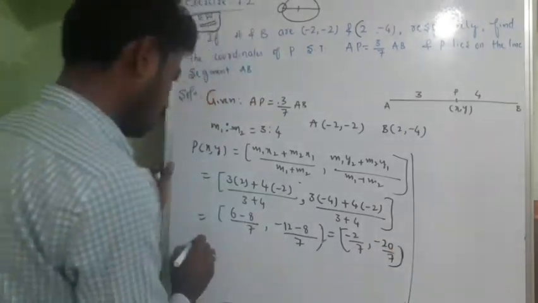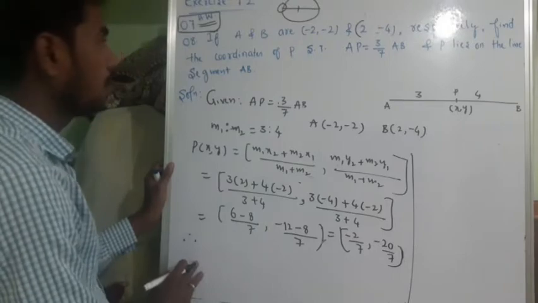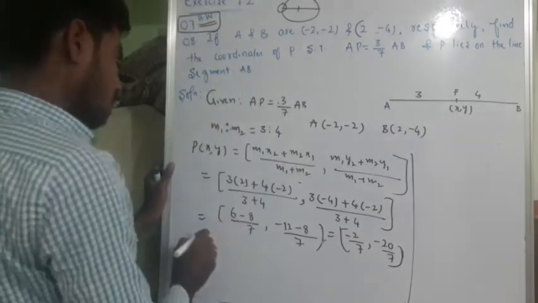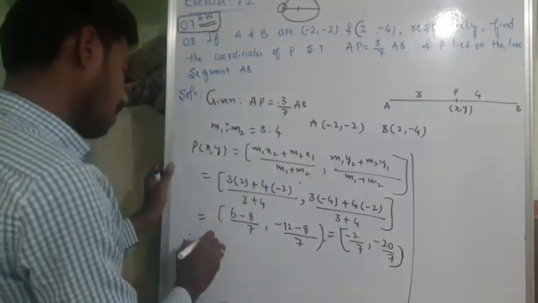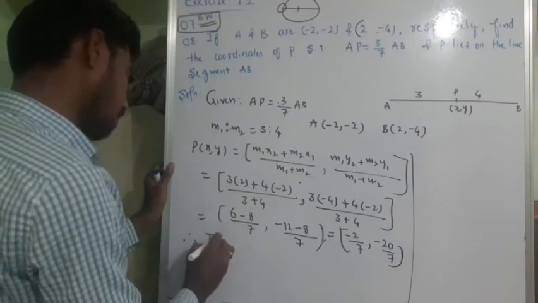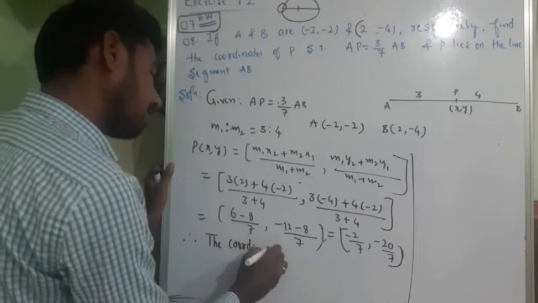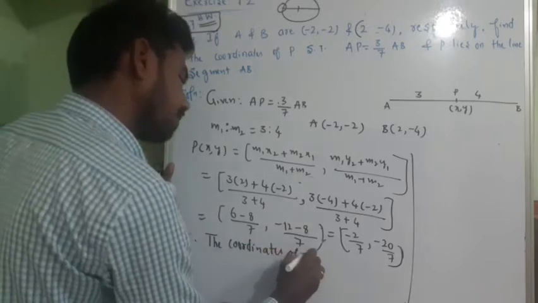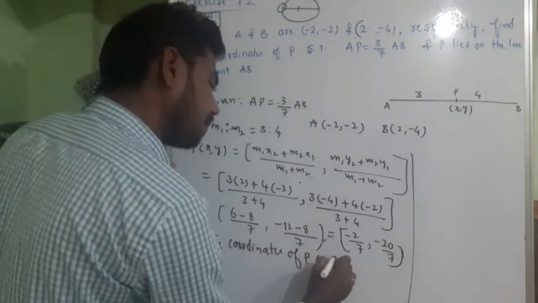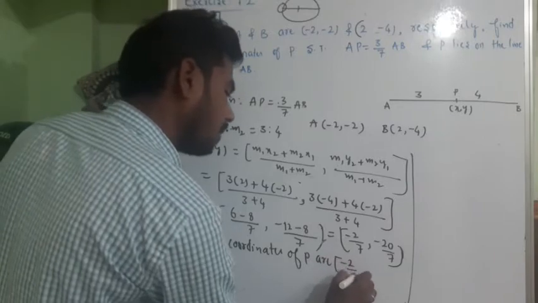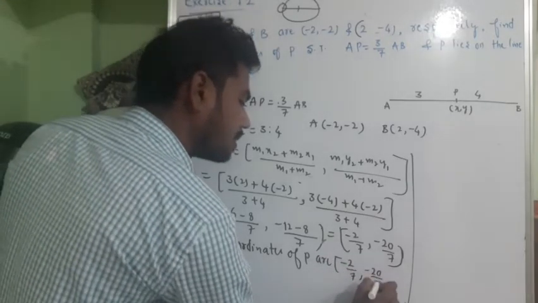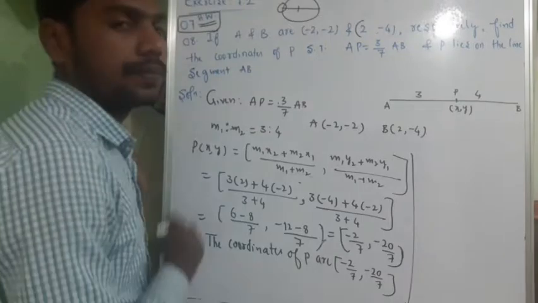Therefore, the coordinates of P are minus 2 by 7, minus 20 by 7. So please note this down.